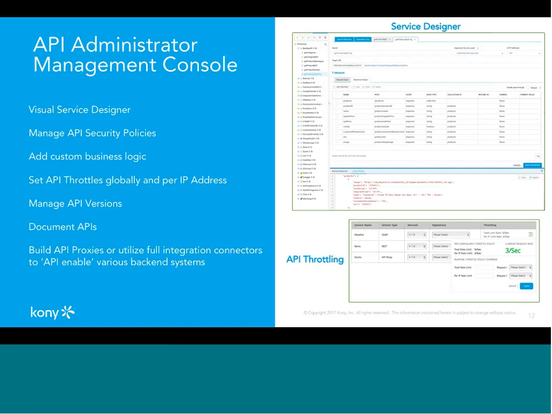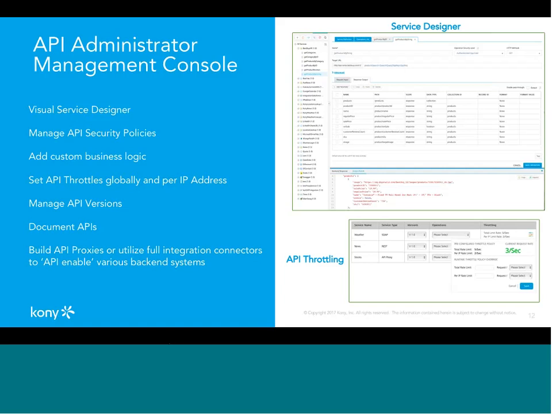So if you want to start monetizing the APIs you have, maybe you have data that's valuable to somebody in the industry, you can expose those through Kony Fabric in a secure, standard way and let the users of those APIs leverage them in a way that's controlled, throttled, and based on usage.